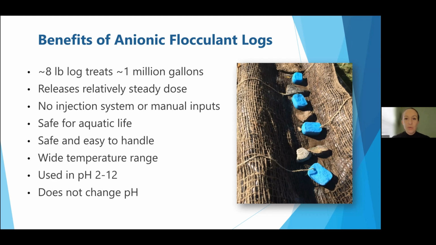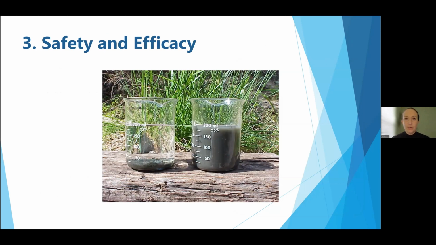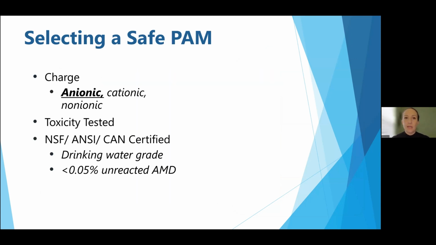So now that we know what we're using and why we're using it, there are hundreds of different types of PAMs specifically. Before we do an application, we want to make sure that we're selecting one that's not only effective but also safe. There are a number of things we need to pay attention to that are also required, especially in the California Attachment G. You'll see some of these listed.